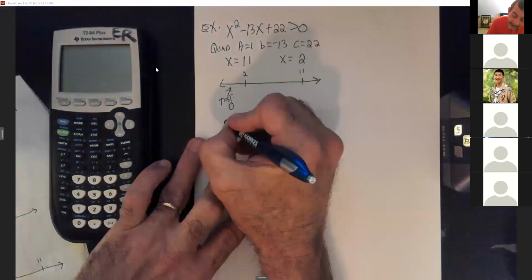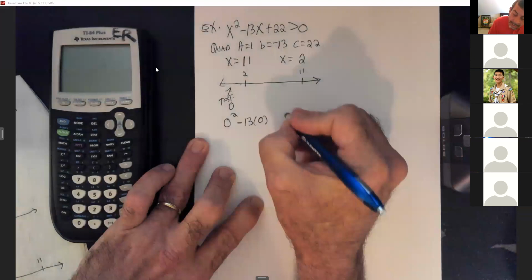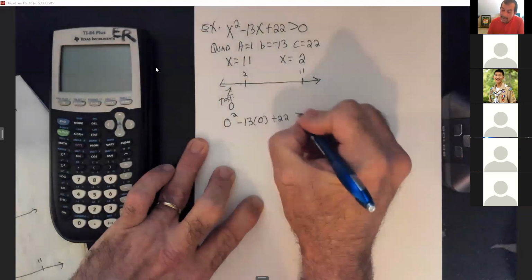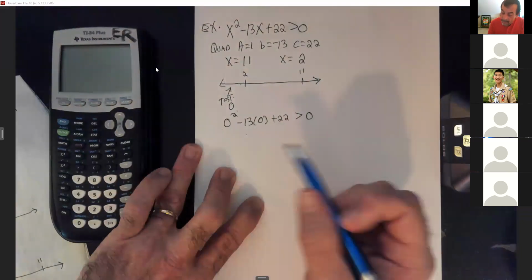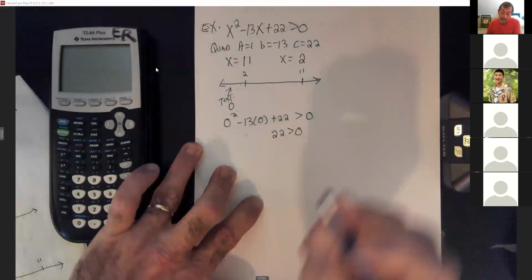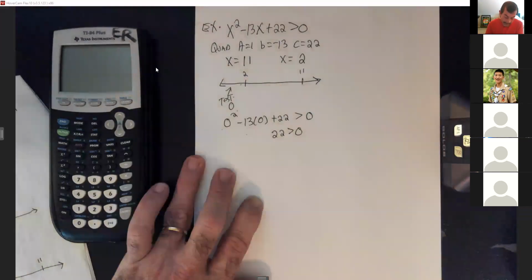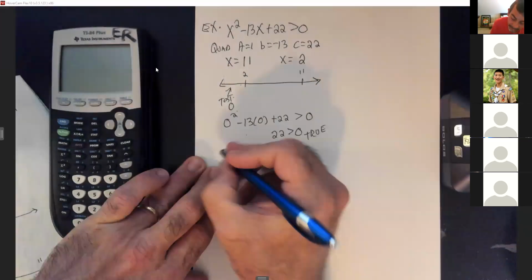So I got 0 squared minus 13 times 0 plus 22 has to be greater than 0. So now you see why I like 0, because that's gone. That's gone. So basically, 22 greater than 0, true or false? That is definitely true. So let me draw my interval.